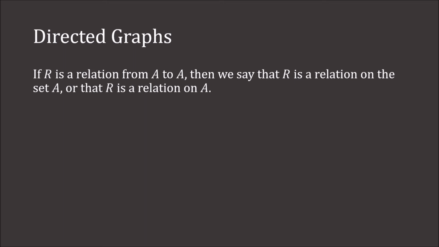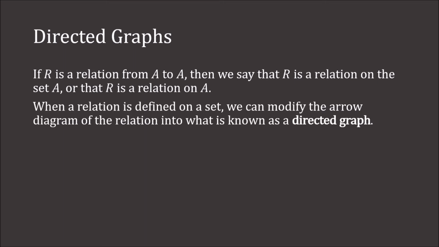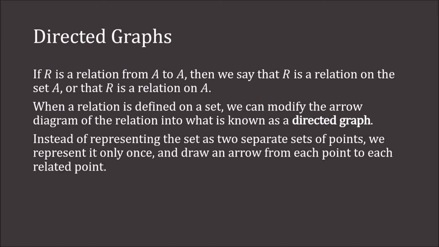Now, when a relation is defined on a set, we can modify the arrow diagram of the relation into what is known as a directed graph. So instead of representing the set as two separate sets of points, we represent it only once and draw an arrow from each point to each related point.